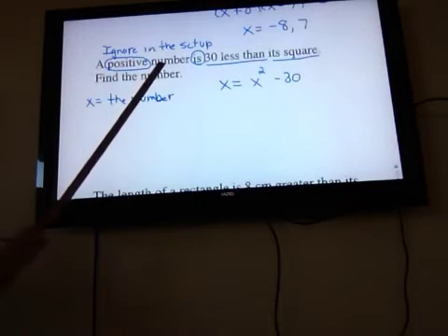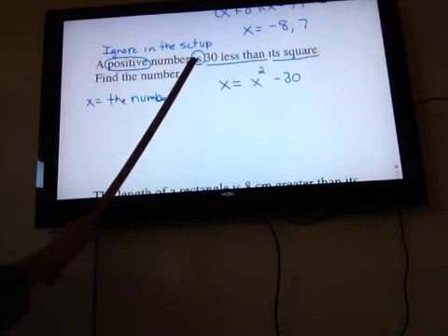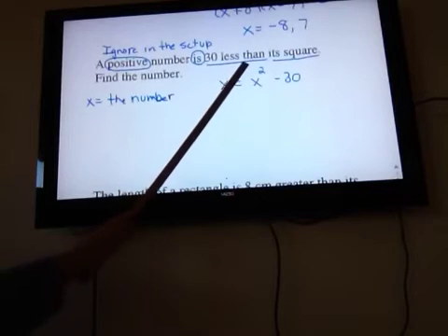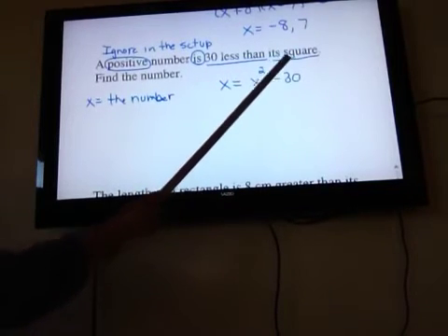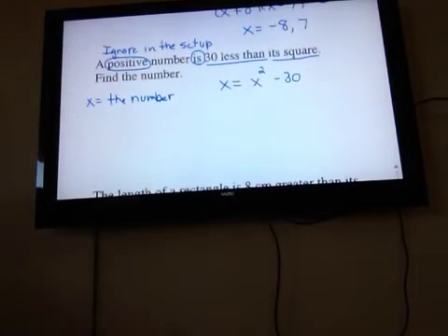So a number, x, is equals 30 less than, means I'm subtracting 30 from its square, x squared.